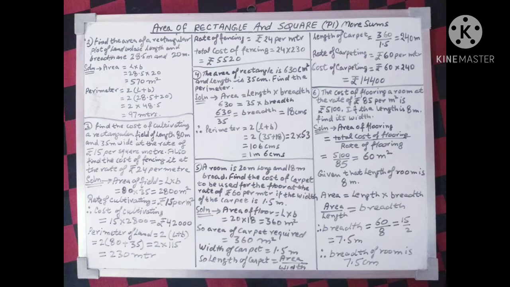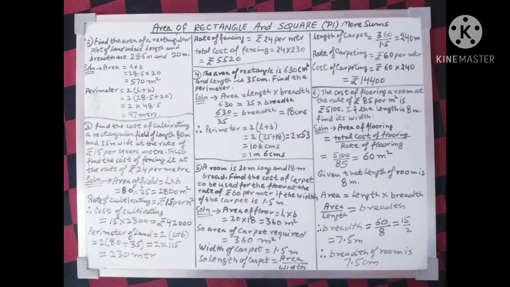Therefore, breadth of the rectangle can be calculated by taking breadth is equal to area divided by length. So we will divide 630 by 35 and we get the final answer as 18. So we have got the breadth of the field now.